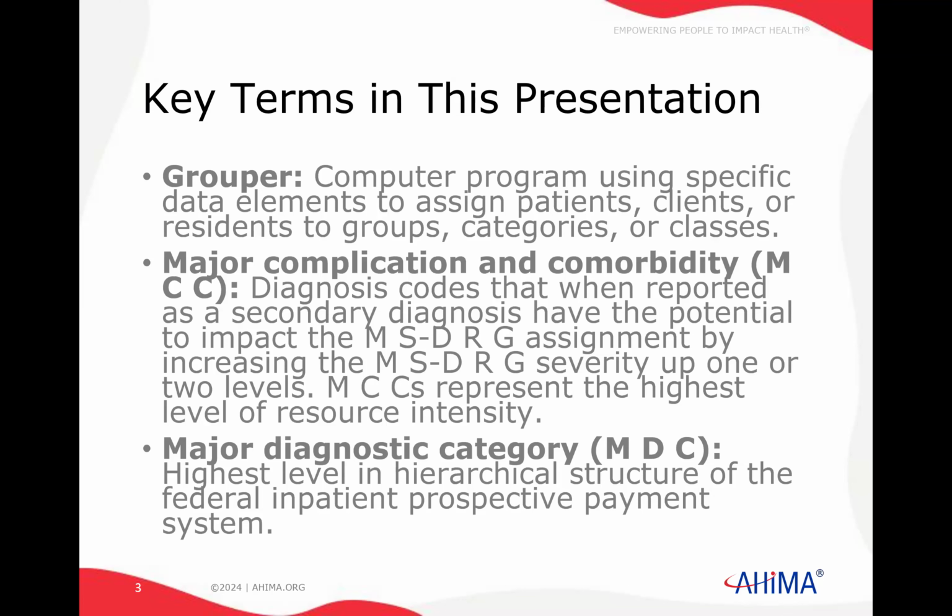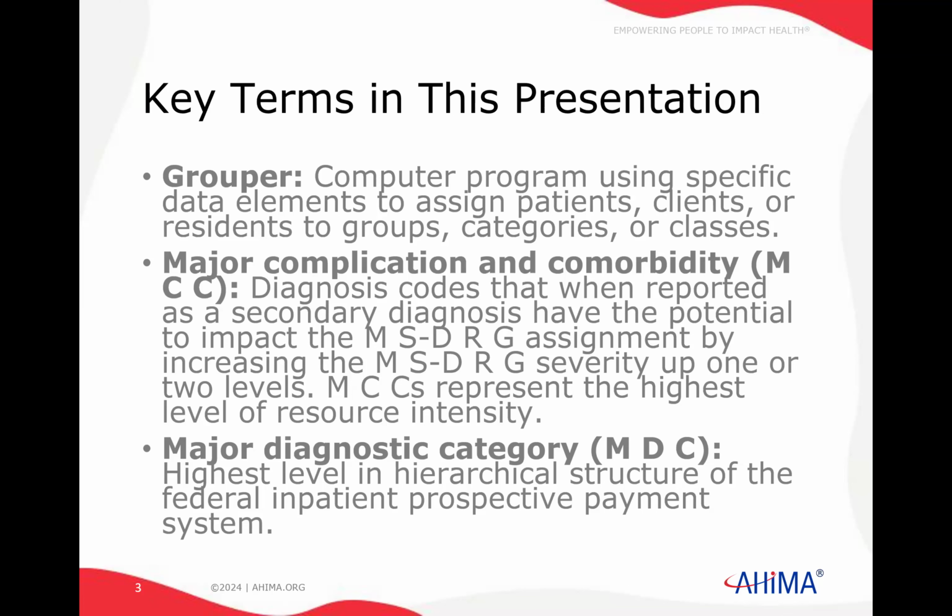That's the intent. The major complication and comorbidity, the MCCs, are diagnosis codes that are similar to what we saw in the CCs, the complication comorbidity. However, when these diagnosis codes are reported as secondary diagnoses, they move the MS-DRG assignment up one or two levels.